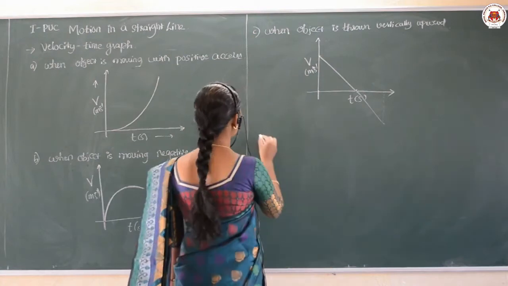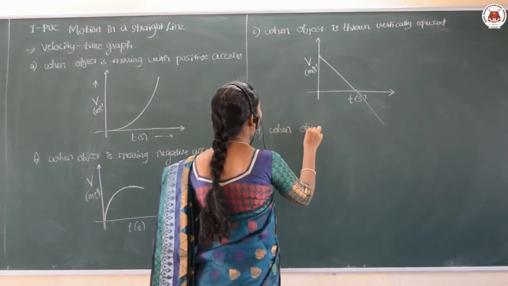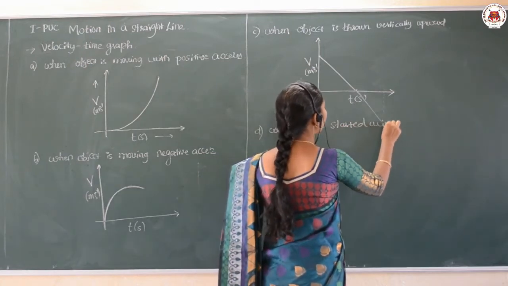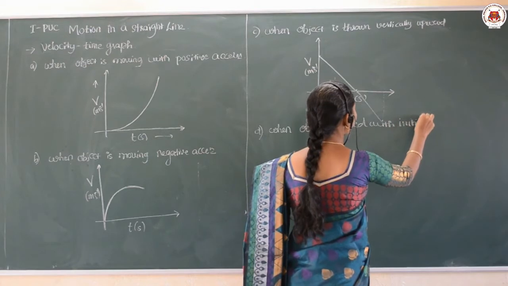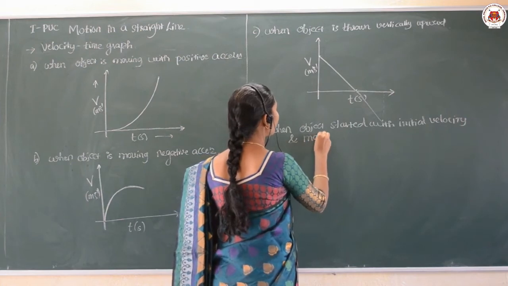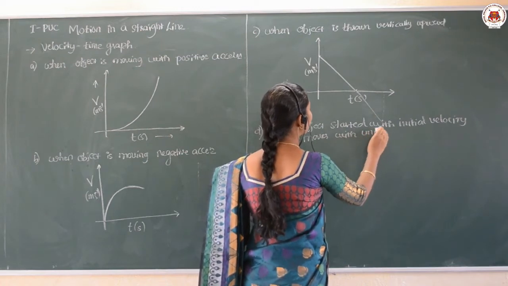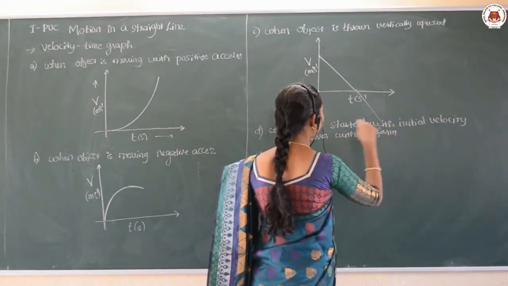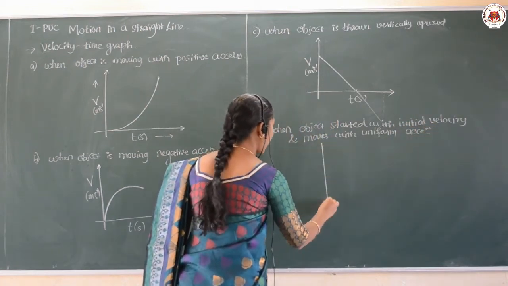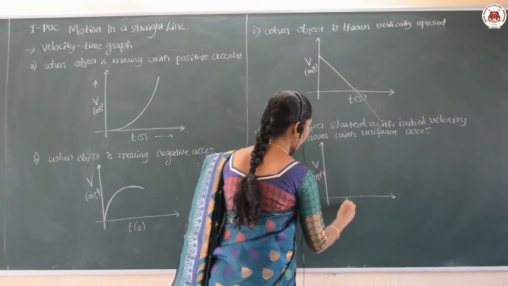And the last graph is when the object starts with an initial velocity and moves with uniform acceleration, then the graph can be plotted like this only.